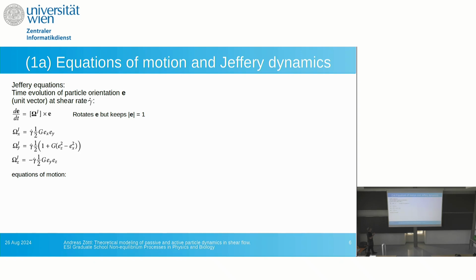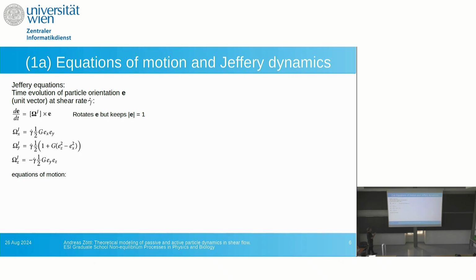It just goes with some angular velocity cross E. This is just the standard overdamped equation of motion for the director of a particle. And it doesn't matter if this omega comes from a shear flow or from an electric field or whatever. So this is a very basic equation.